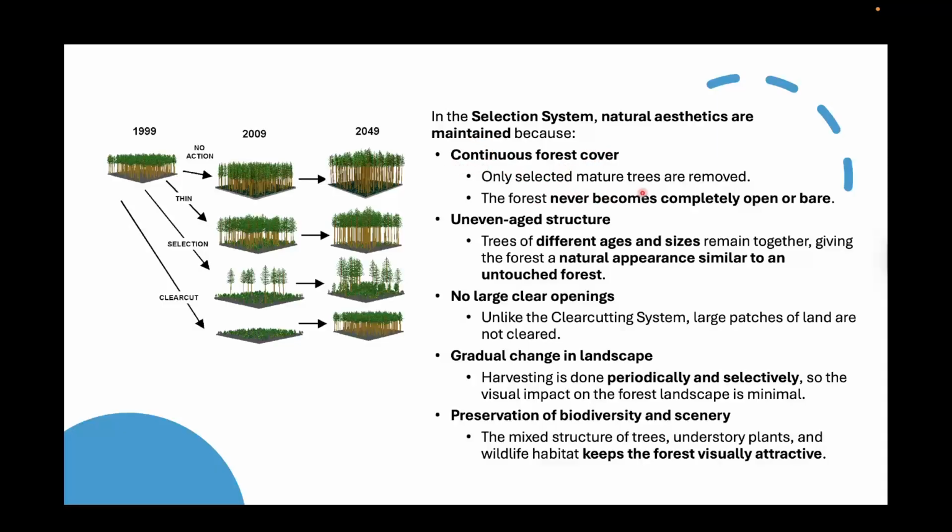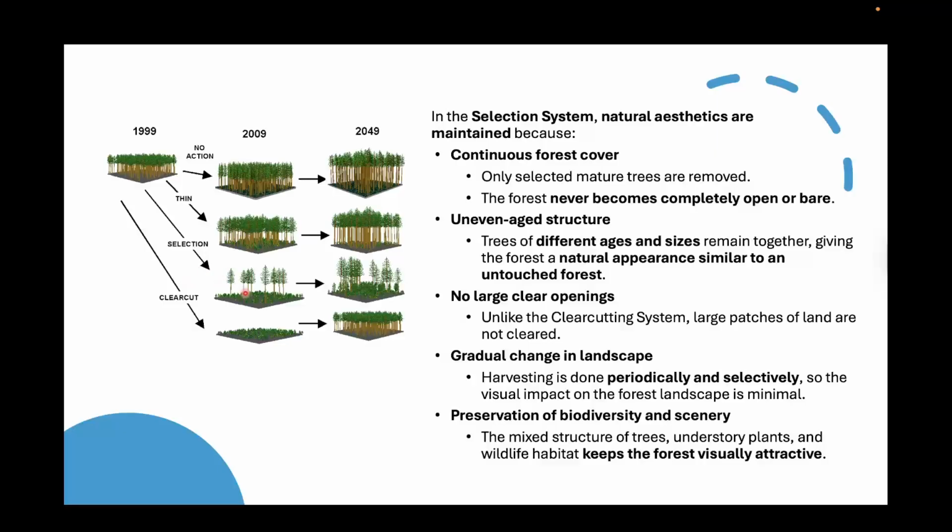Now, in the selection system, natural aesthetics are maintained because of the continuous forest cover. Only selected mature trees are removed. The forest never becomes completely open or bare. For example, if you look at this diagram, there was a stand in 1999 which undergoes many types of silvicultural systems to generate the kind of stand that we see here. If it is under no action, the trees grow somehow and form a uniform stand. If there is a thinning of the individuals, then it causes stands.